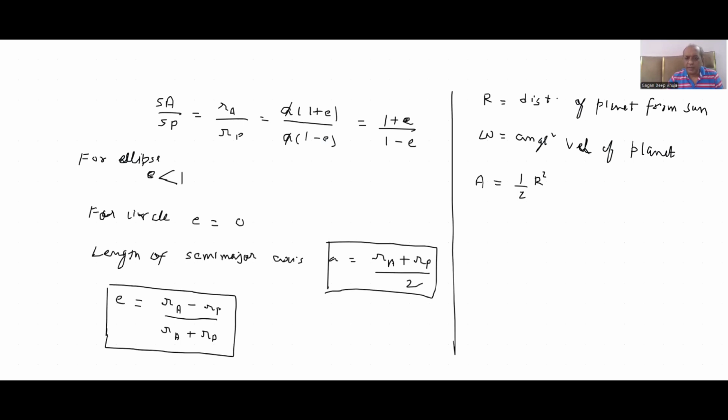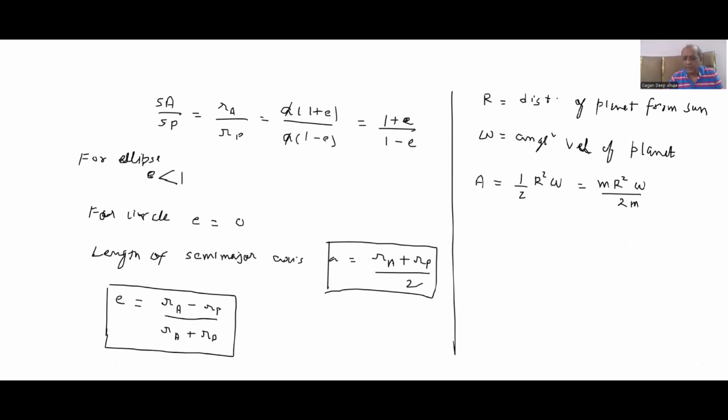Okay. If I multiply and divide this equation by m, what we get is m r square omega divided by 2m. And you know that angular momentum is defined as the moment of momentum, so linear momentum multiplied by perpendicular distance.